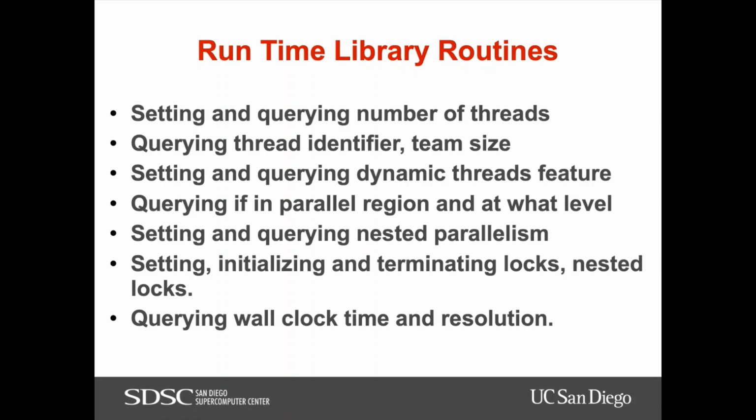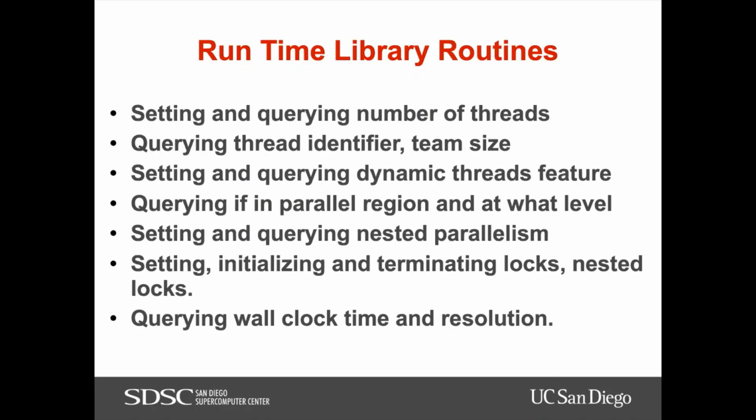So the runtime library routines: setting and querying the number of threads, there are routines for that. You can do the thread identifier, we saw that. We can also set the dynamic threads feature using a library. You can do nested parallelism. You can do locks, and also you can query the wall clock time and so on.